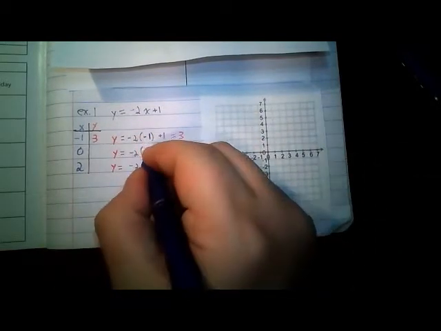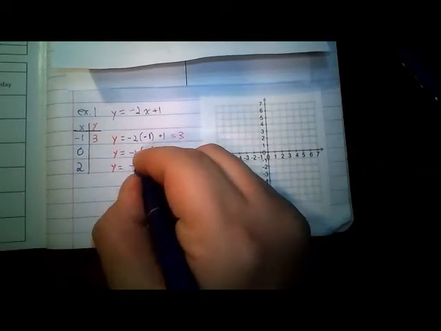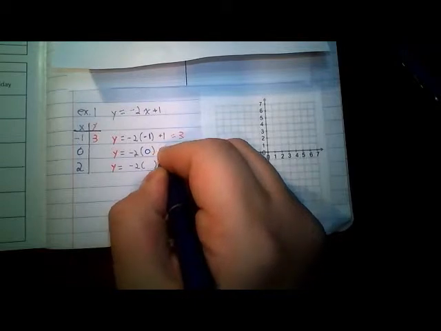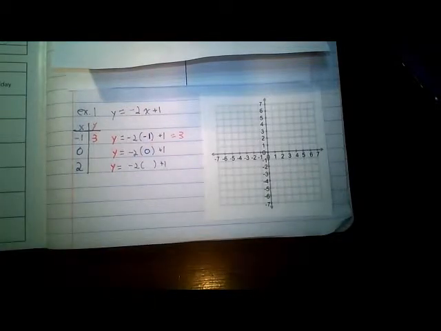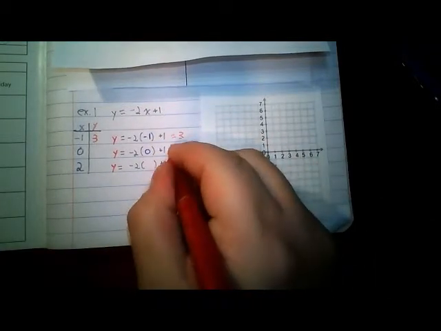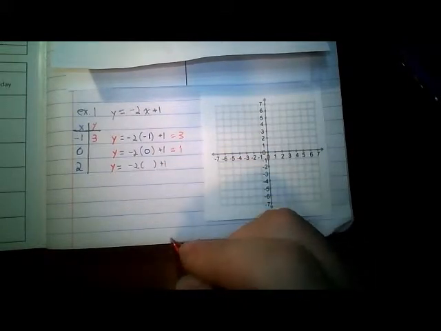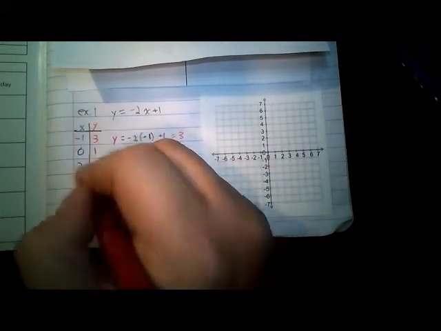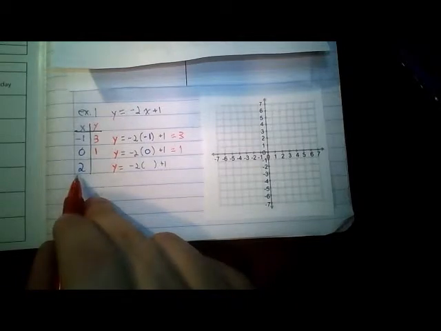And then I do it for 0. Negative 2 times 0 is 0, plus 1 is 1. Now for 2.